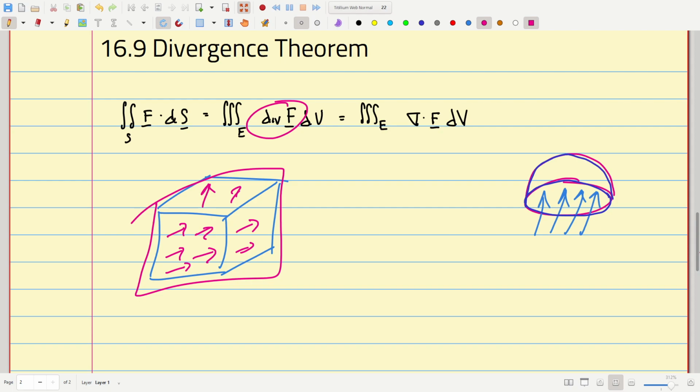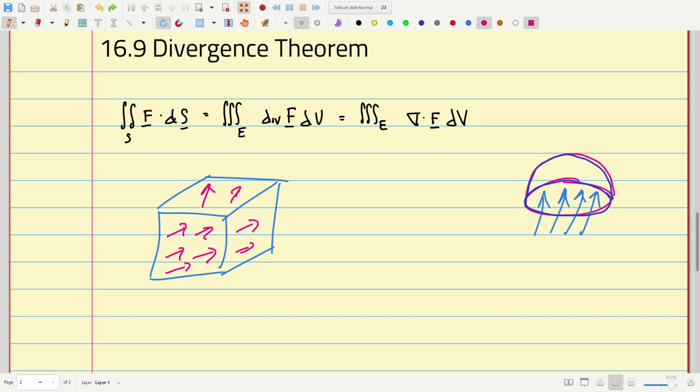Now, if we remember the video about divergence, it was talking about the ideas of sinks and sources. If you are measuring the flux on the boundary, basically what you're looking for is the vector field pushing or pulling on that surface.